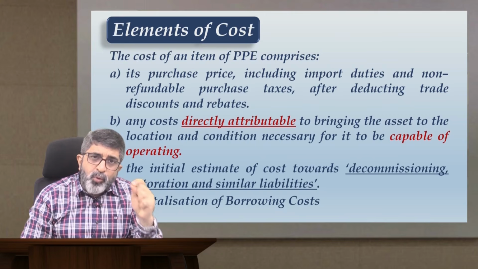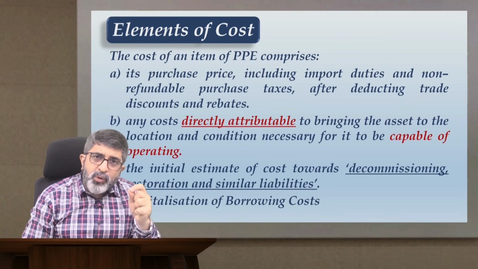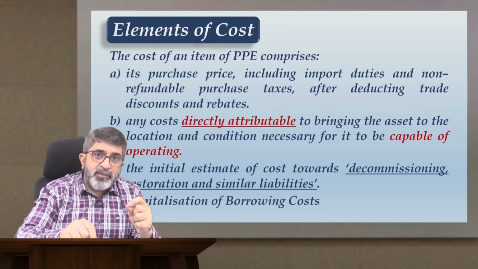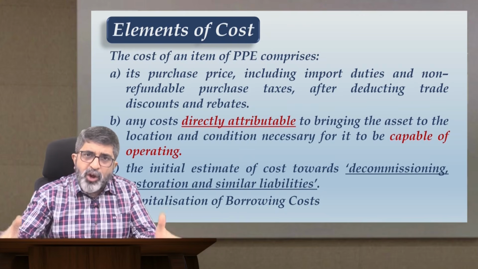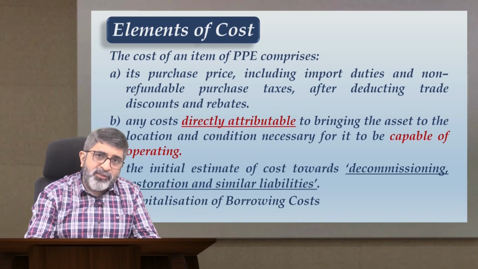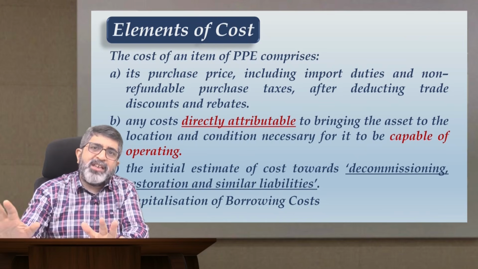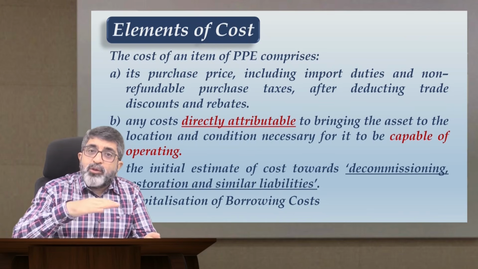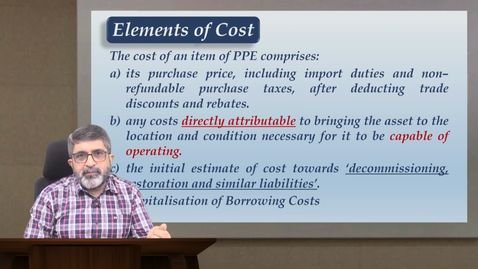That approval when you get, that license when you get, that permission when you get, it will be a conditional permission. Today you are installing an oil rig on the seabed. After the oil extraction process is completed, you cannot keep that equipment just like that. You need to remove it and you need to restore the seabed.